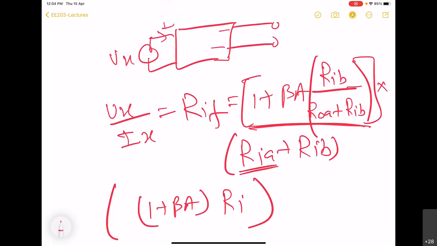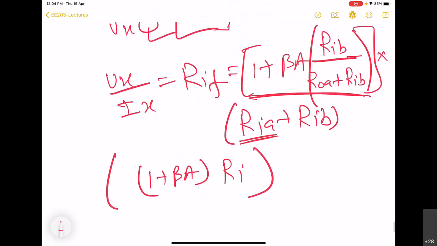And this factor, you can see that it will be close to 1, because here we see that the input impedance of the feedback network RIB, because it is sensing voltage, is very large, and the output impedance of the amplifier ROA is very small. So this factor is going to be close to equal to 1, although it will be smaller than 1. So there is a slight reduction here because of this factor.